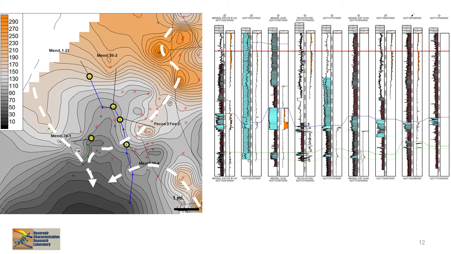Since the siliciclastic interval is thickening up north, maybe this is fed by a northern source coming off the Central Basin Platform, and then we have that little promontory in the bottom right corner of the map, maybe coming from the Stockton High and the Marathon thrust belt. All those things may accumulate into the basinal area.